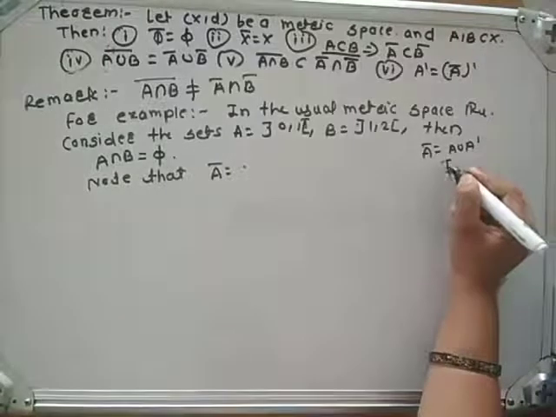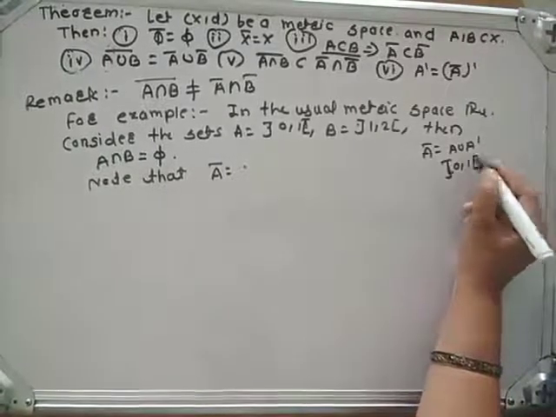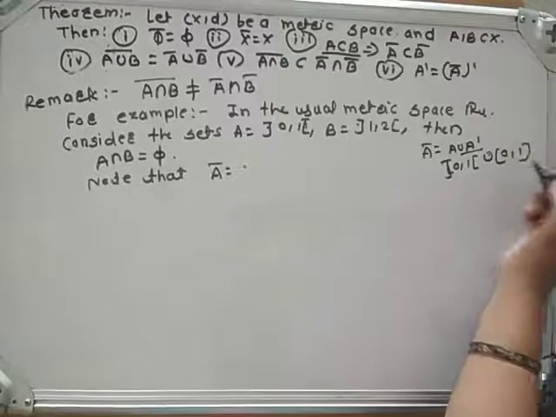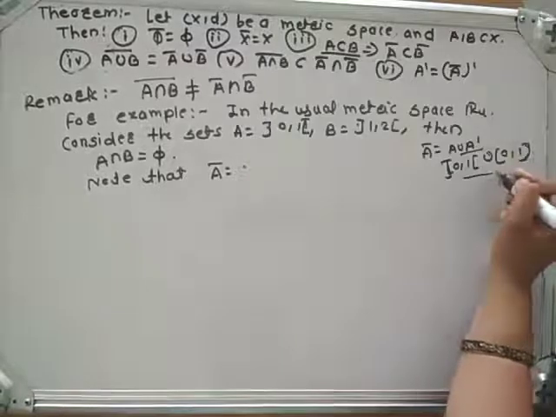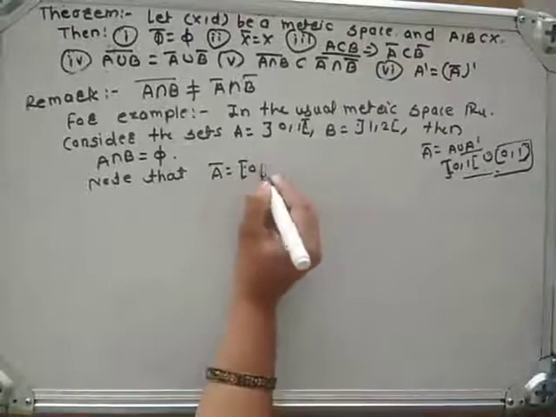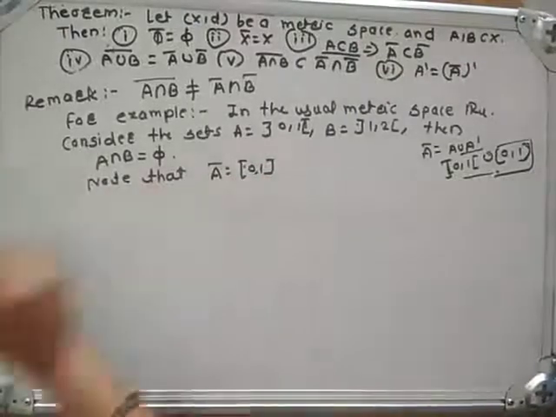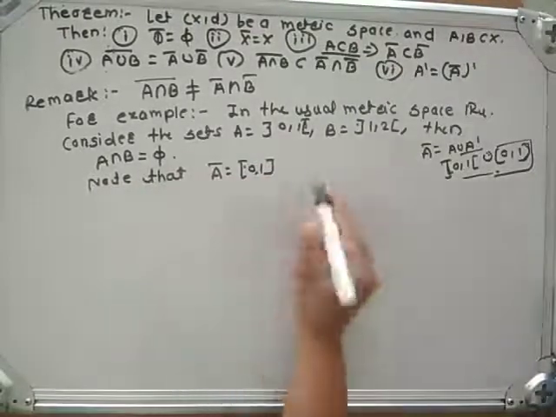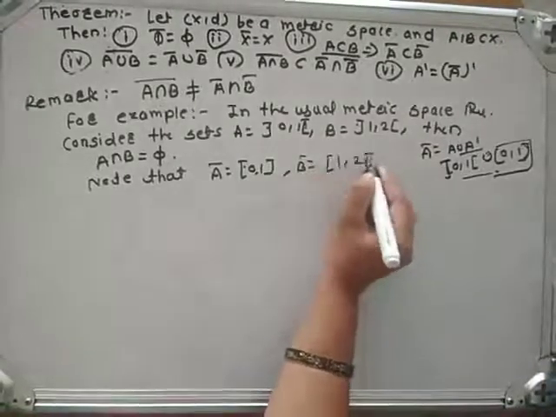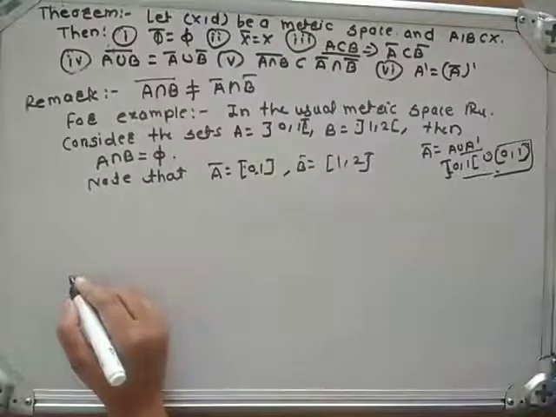Here A is open interval (0,1) and the limit points of the open interval are the closed interval [0,1]. Therefore, the union is the closed interval [0,1]. And what is B closure? Obviously, the closed interval [1,2].